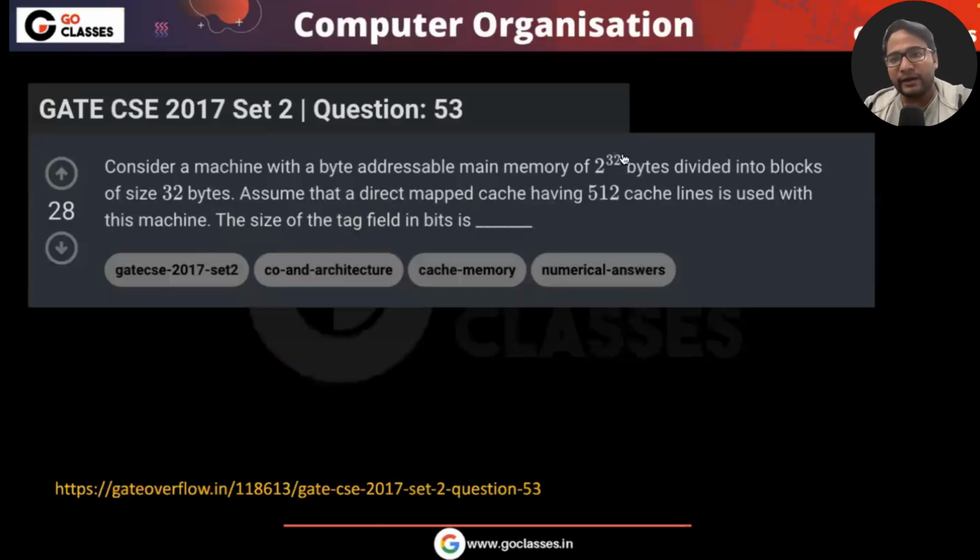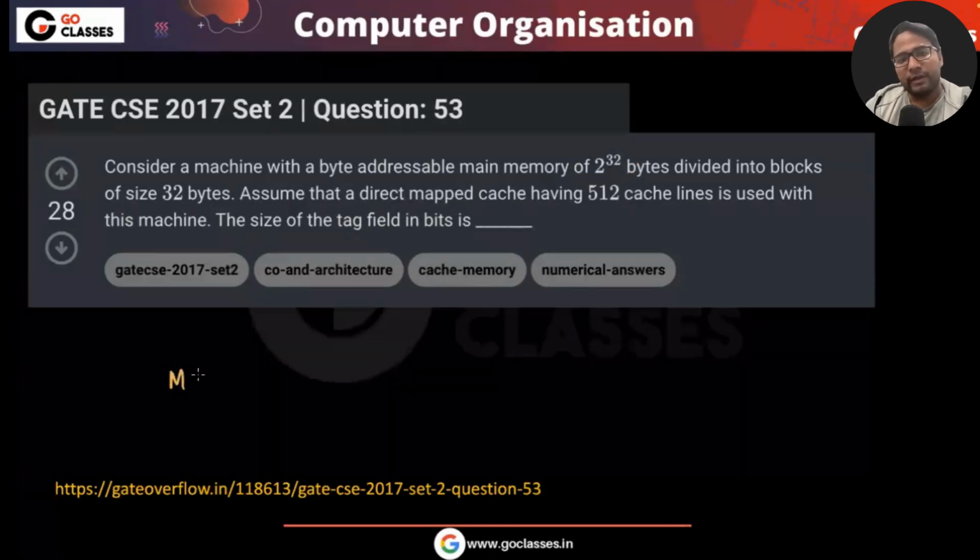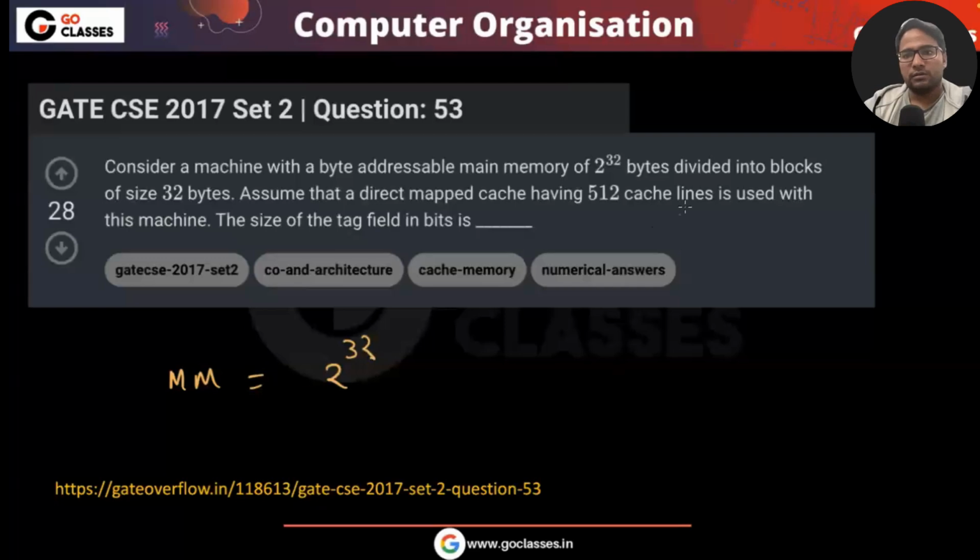Consider a machine which is byte addressable. They are saying that main memory size is 2 power 32, divided into blocks of some size. Block size is given. Cache has 512 cache lines.